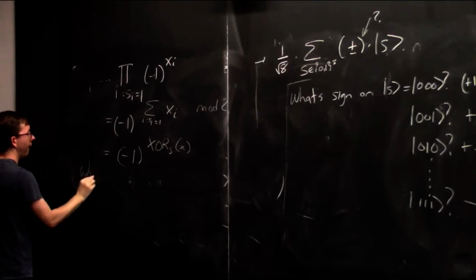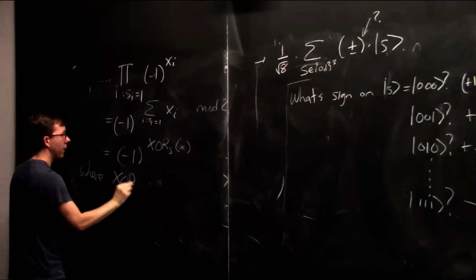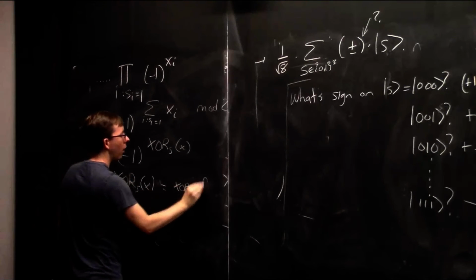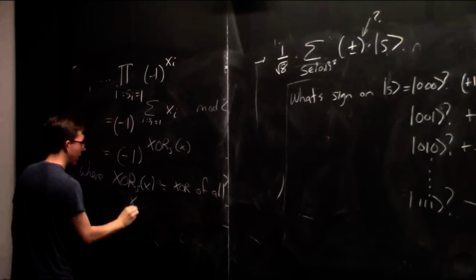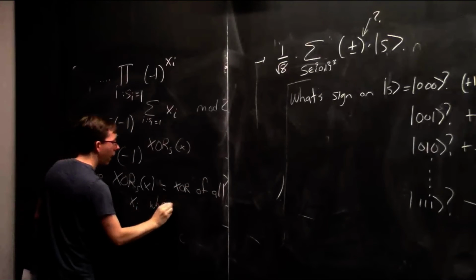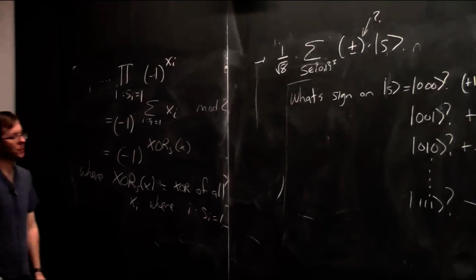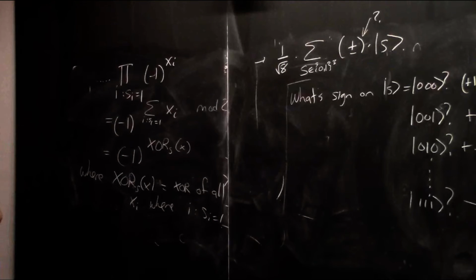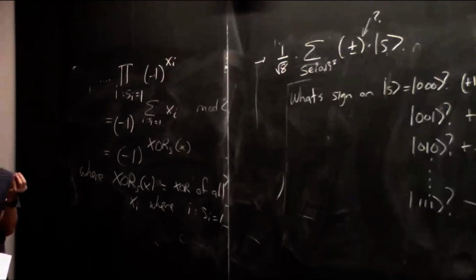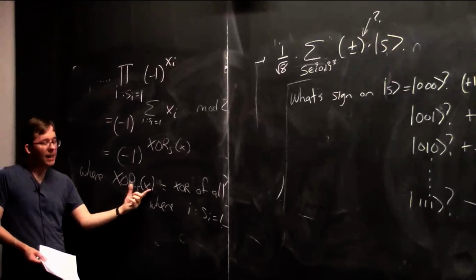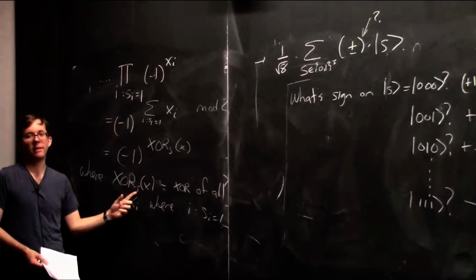Where XOR sub S of x is the logical XOR of all xi's where i is such that Si equals 1. A good way to think about it is S is a bit string. Think of it as the indicator bit string for a subset of the coordinates. It's indicating the subset where it has a 1. And then this thing is the XOR of x's bits inside that subset.